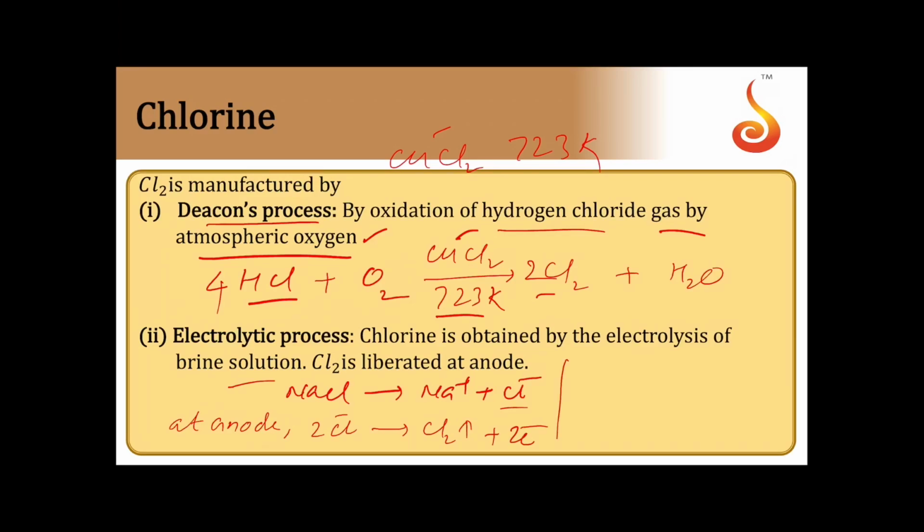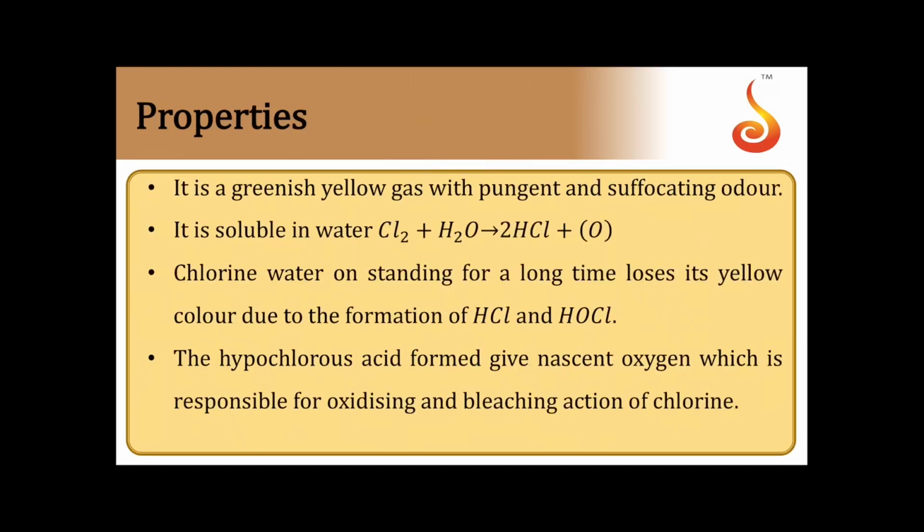At cathode, water molecules get reduced. H2O gets reduced because of the electrons given there. It forms H2 and OH minus ions are produced. So there is liberation of OH minus ions and H2 gas at cathode. So brine solution upon electrolysis will liberate chlorine gas at anode.